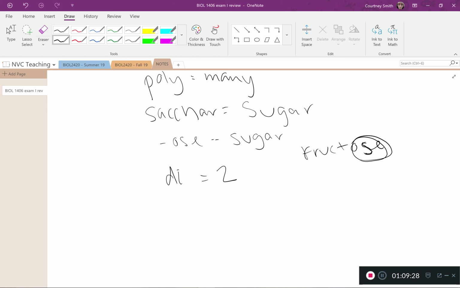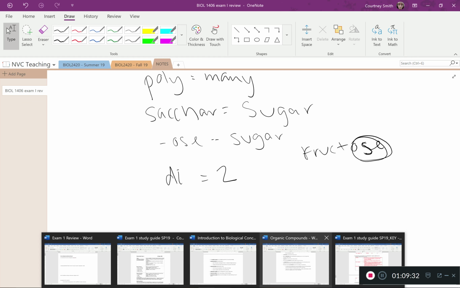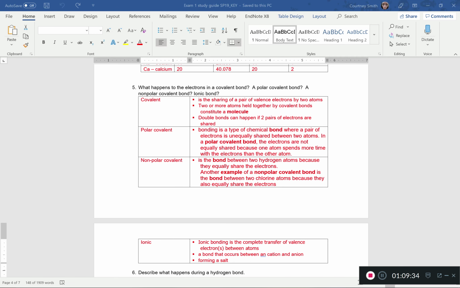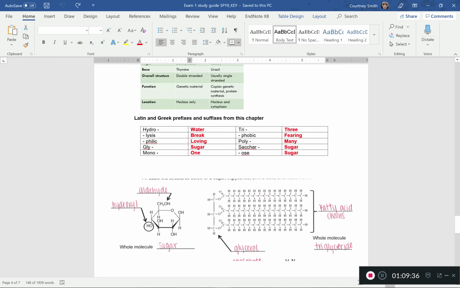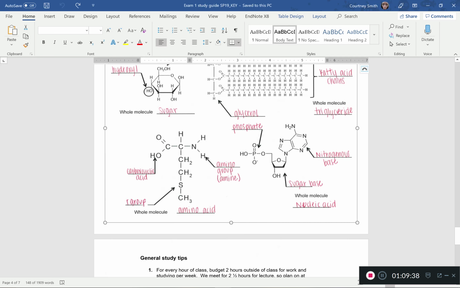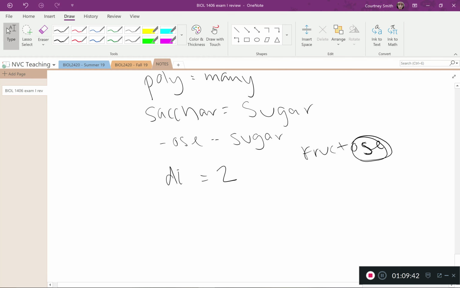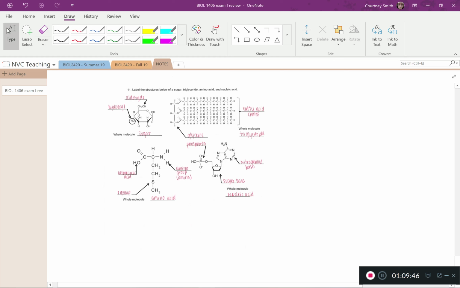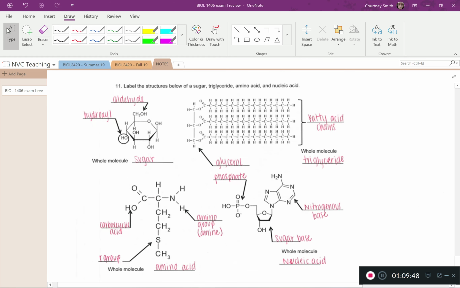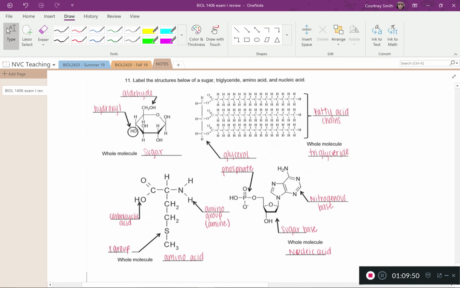Okay guys, one last thing I am going to show y'all before I conclude. I'm going to scroll down real quick and pull up this picture. These are some examples of structures that I may put on your test.